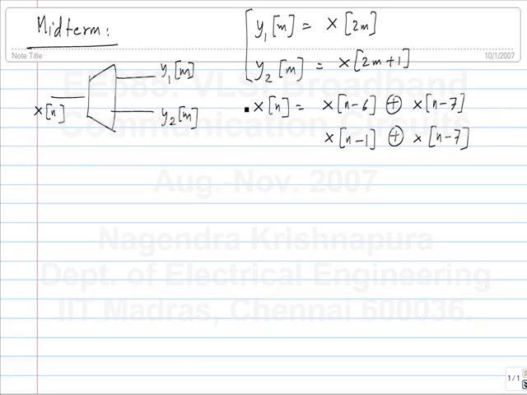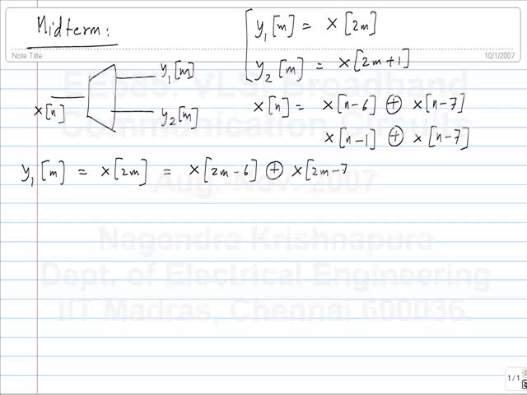So let's take Y1 of m. We would like to prove that, for instance, Y1 of m is the XOR of Y1 of m minus 6 and m minus 7. So Y1 of m is X of 2m, which is the XOR of X of 2m minus 6 and X of 2m minus 7.